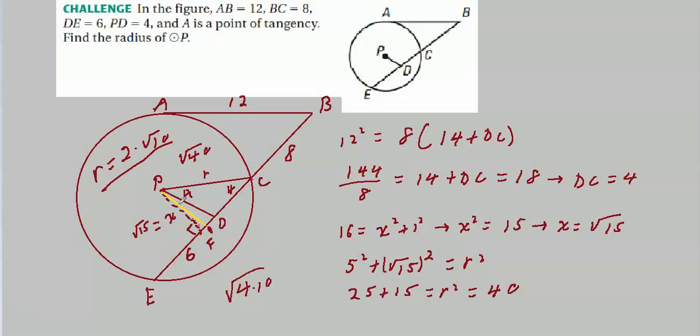When we drew this, that allowed us to produce a right triangle with this little leg here equal to 1 and this hypotenuse equal to 4, which is why they told us what PD is. PD wasn't a red herring. That allowed us to arrive at x equals the square root of 15.